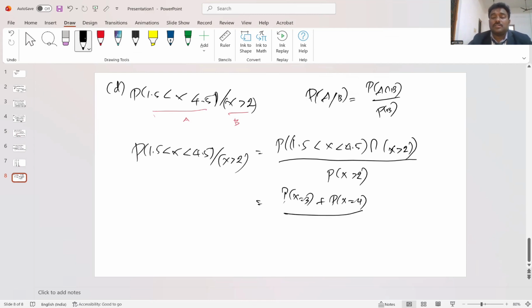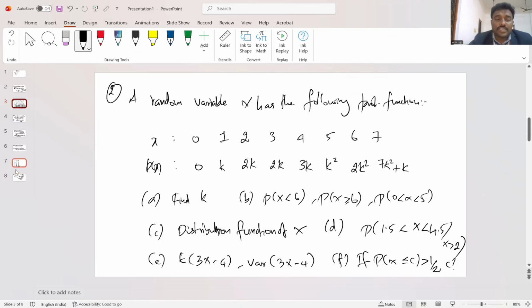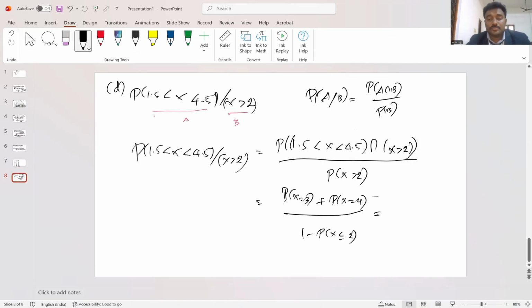And here we are given probability of x greater than 2. So what is probability of x greater than 2? We can calculate it the other way, that is 1 minus probability of x less than or equal to 2. For 3 and 4, what are the probabilities? 2k and 3k. And for less than or equal to 2, it is only 0 and 1, so I can add 0 and k.